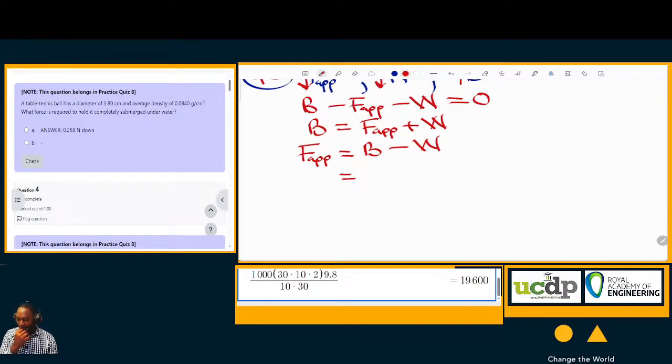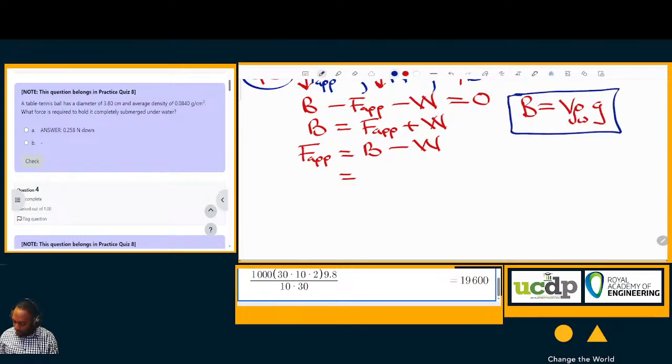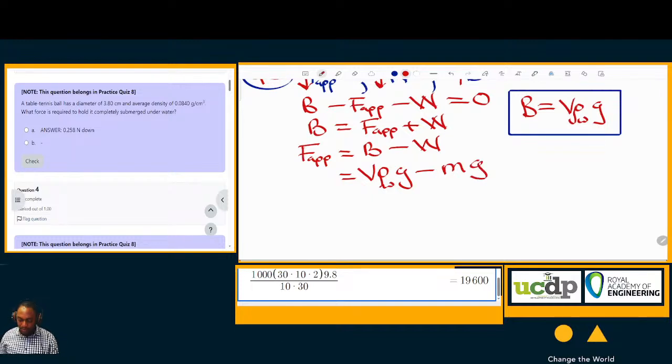You must know that your buoyancy is equal to the volume of the displaced fluid times the density of the fluid times G. By now you should know this equation. So you can now substitute for buoyancy: density of water times G minus mg.